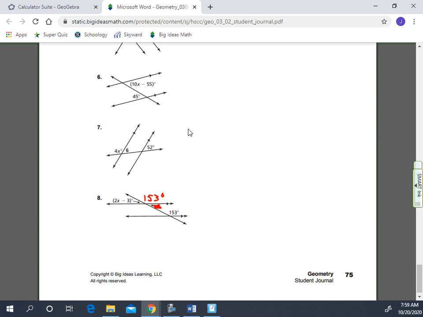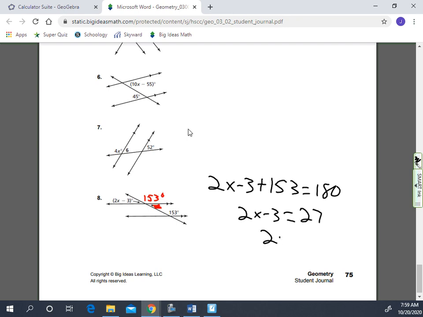Now, corresponding angles are 153, and this 2x minus 3 add up to 180 again. So we get 2x minus 3 plus 153 equals 180 degrees. Subtract 153, we get 2x minus 3 equals 27. Okay, 2x equals 30, and x equals 15.